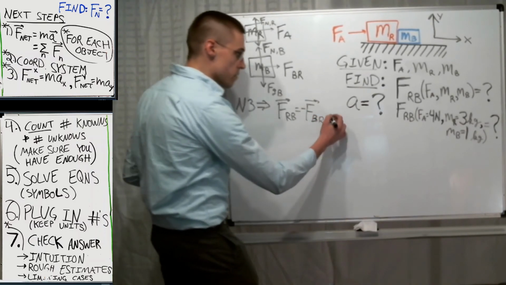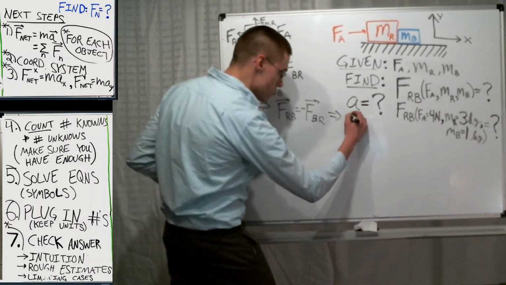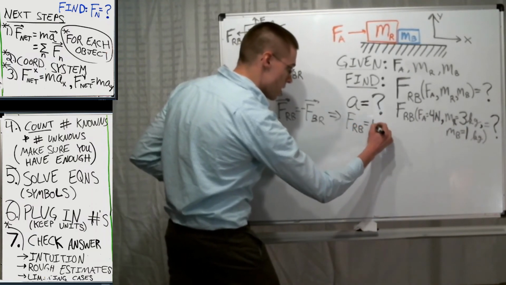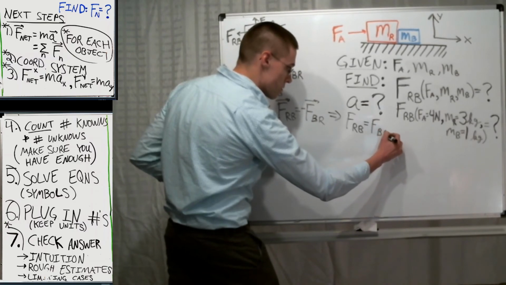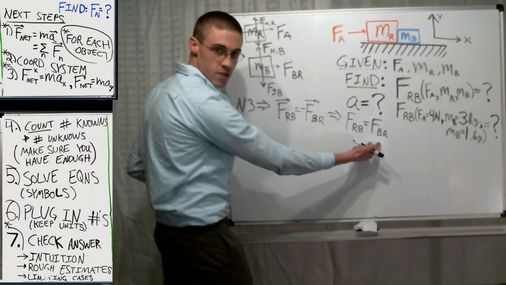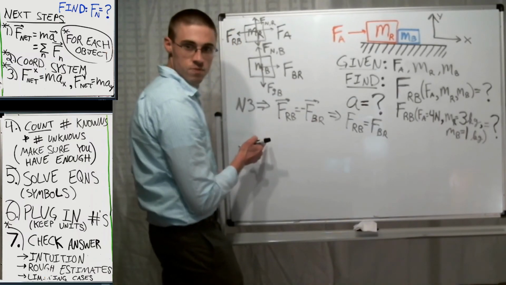And so that means they're equal in magnitude. FRB equals FBR. Right here, I've expressed this. These are just the magnitudes, right? They're equal in magnitude, and they're opposite in direction.